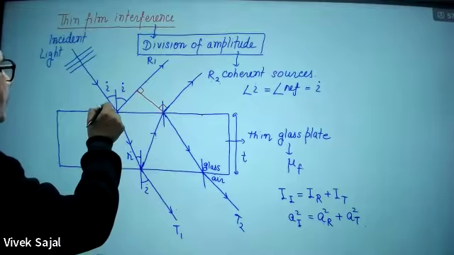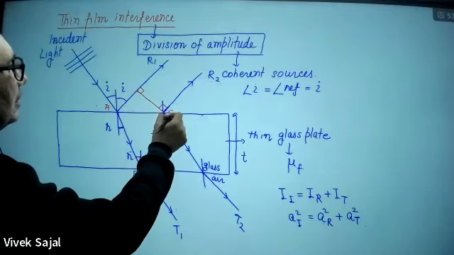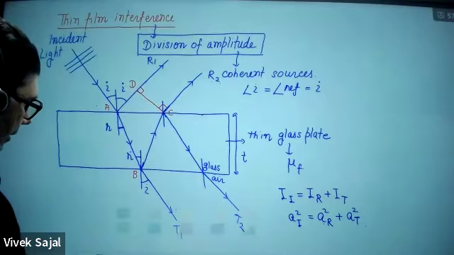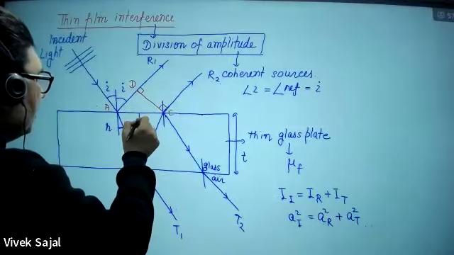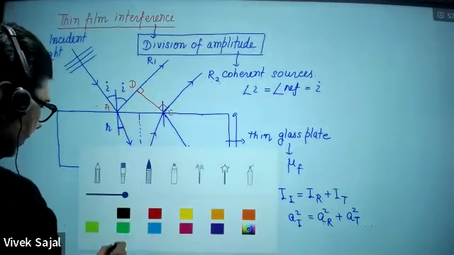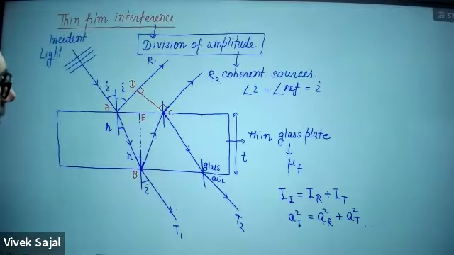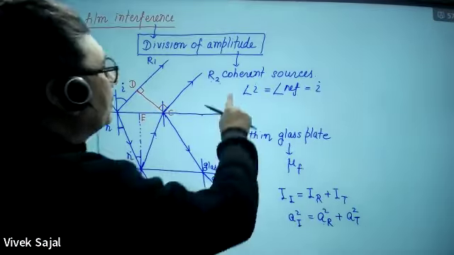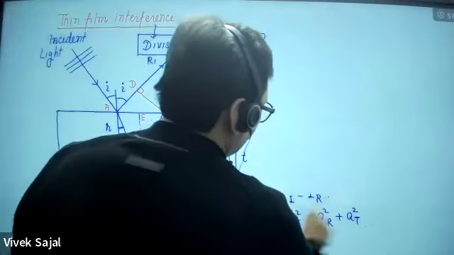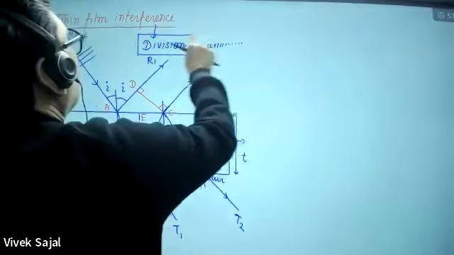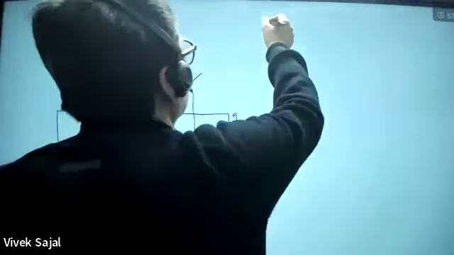So I write this point as A. I write this point as B. This point is C. This is D. And here, I'm completing this one, and I'm writing this as E. This is point E. So can anyone tell me what will be the path difference between R1 and R2?